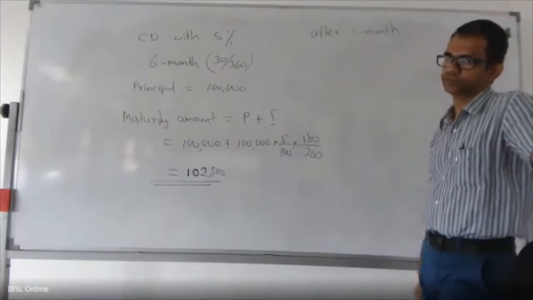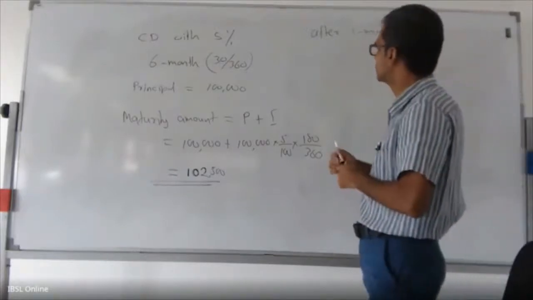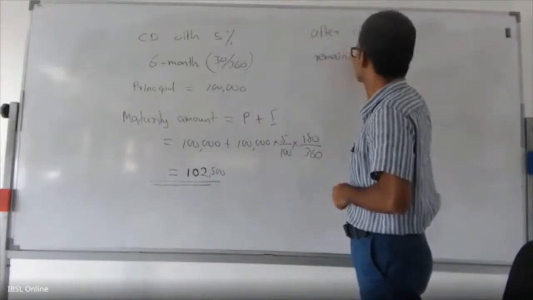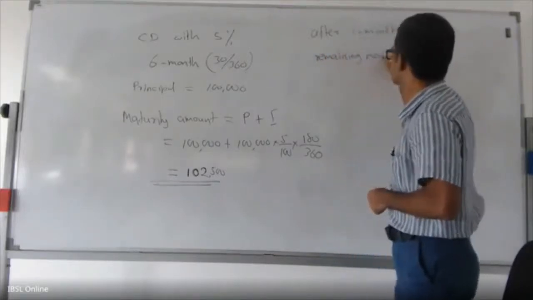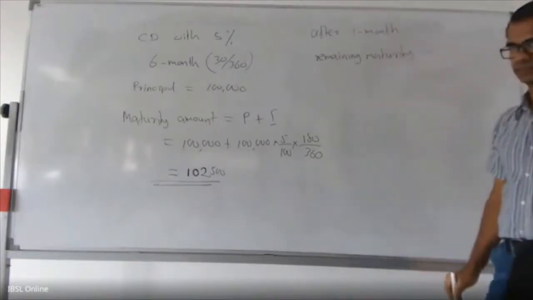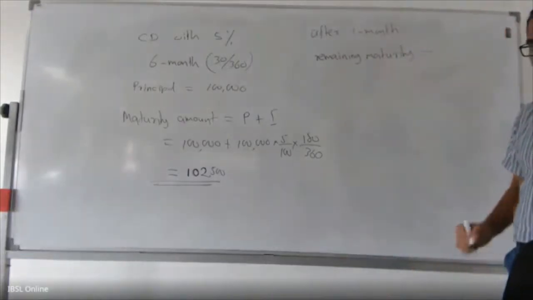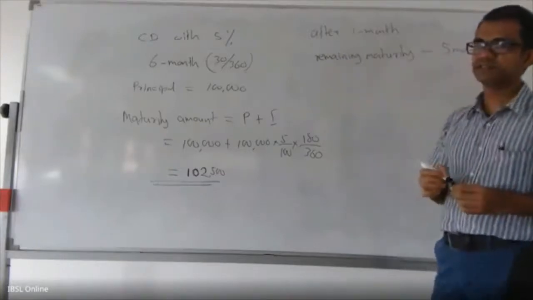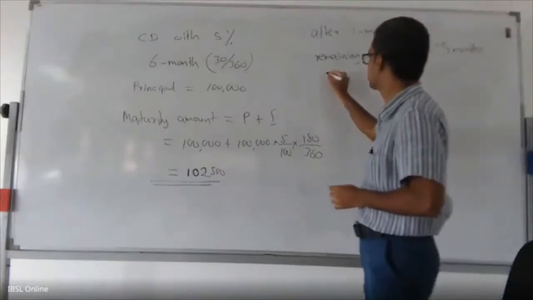Now what do you do? Now assume, what is the remaining maturity of this? 5 months. It's only 5 months. Now what matters is, what is the 5-month interest rate?